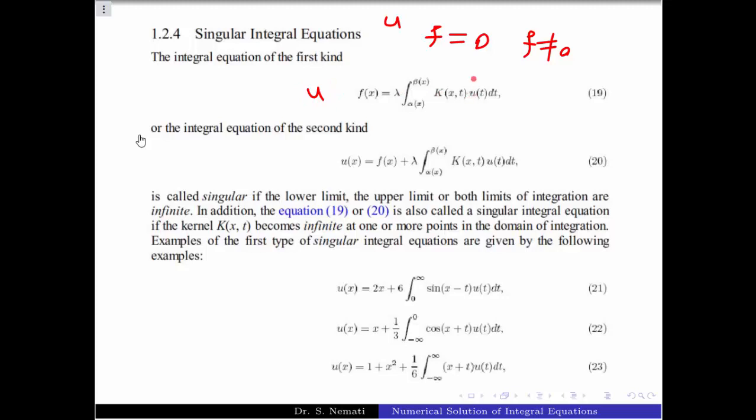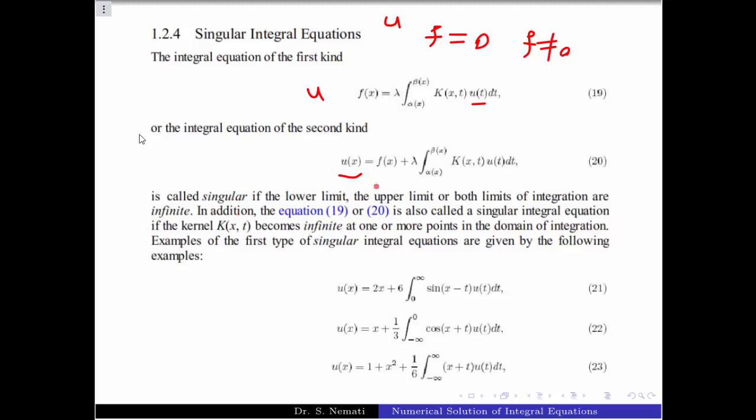We just have it in the integral sign. So this equation takes the type of first kind integral equation because we have it in the integral sign only. And also the integral equation of the second kind, because we have the unknown function outside the integral also.